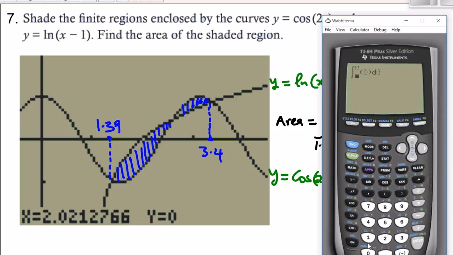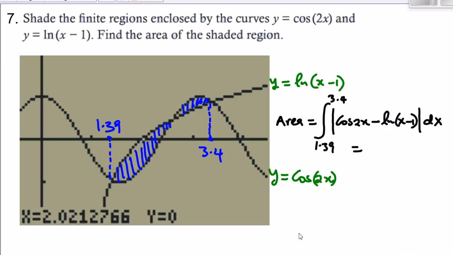Let's select number 4. 1.39, 3.4, math, number, absolute value, cos 2x, minus ln x minus 1, dx. So 0.668. So the answer will be 0.668.